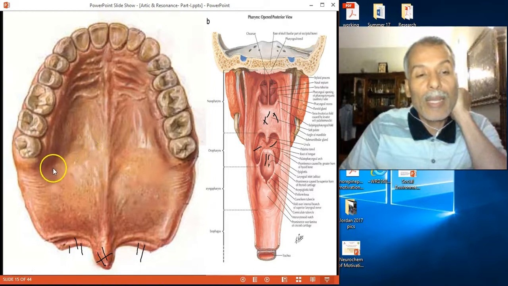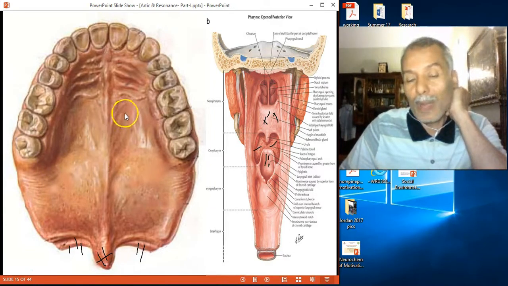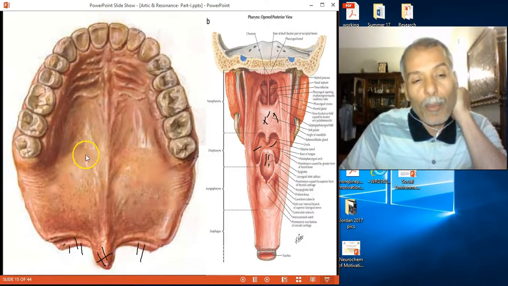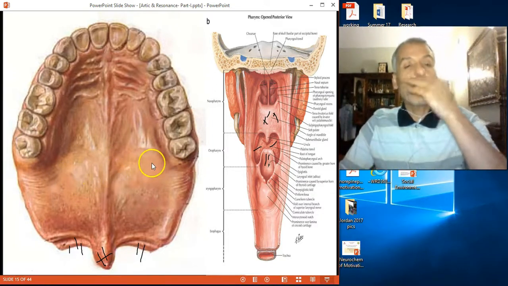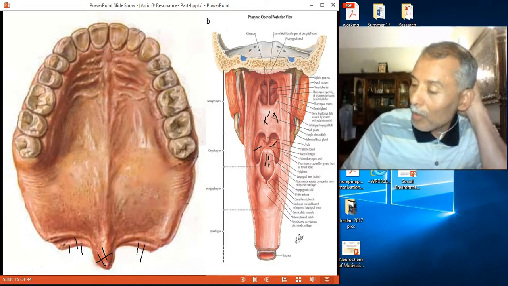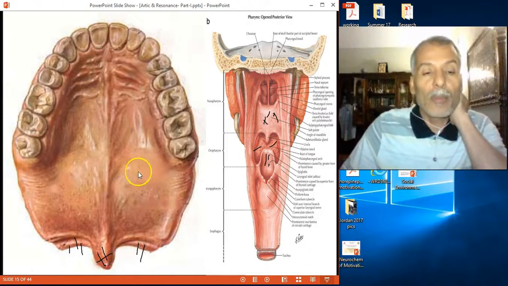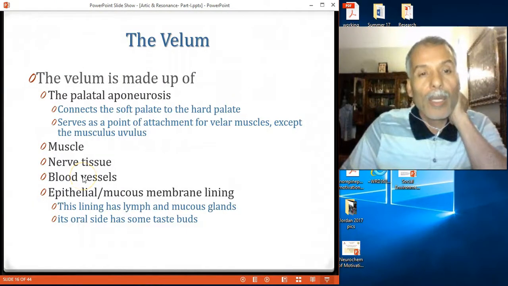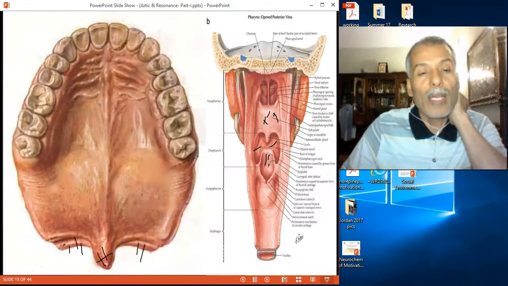Then you begin, after that, another piece of bone here, that is two pieces, left and right. And that area is called the palatal process of the palatine bone.